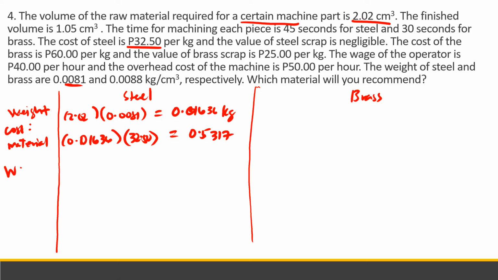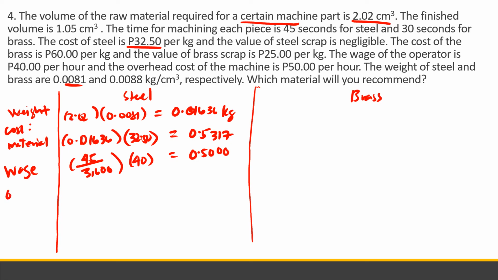So for the wage ng operator, so meron tayong 45 seconds over 3,600. So 40 pesos. So there are 3,600 seconds per hour multiplied by 40 pesos. So for 1 unit of material, merong payment na 50 cents.